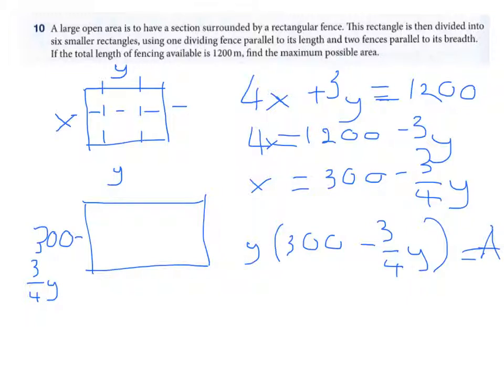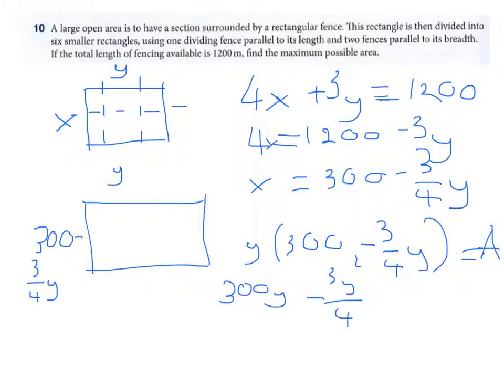We expand, so 300y minus 3y squared on 4. Skipping a step, that's alright. A little step I do in between is rearrange, so make minus 3/4 y squared the leading term, so minus 3y squared on 4 plus 300y, but we'll skip that.